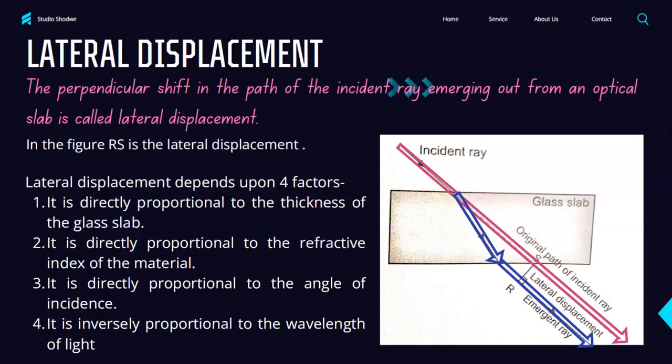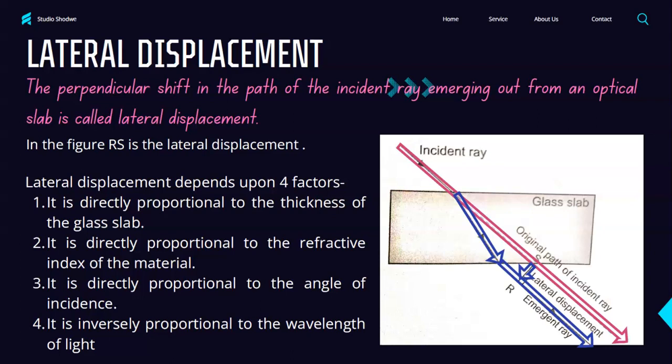This shift in the path of light, I'm talking about this distance, this shift in the path of light from its original position is known as lateral shift, or it is also known as lateral displacement. Remember, the ray of light has shifted from its original path just because we put a denser medium in its way.